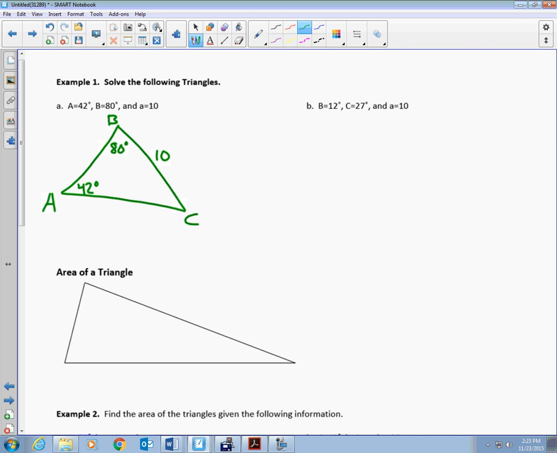Now, okay, here's the question. Which of the six is this? Is this angle, angle, angle? Is it angle, angle, side? Is it angle, side, angle? Second page.